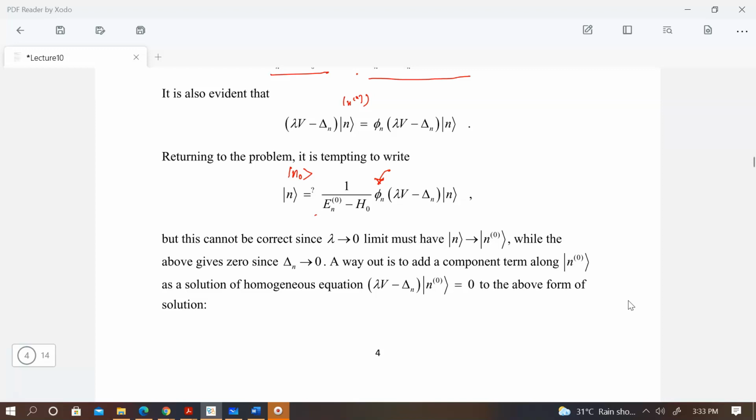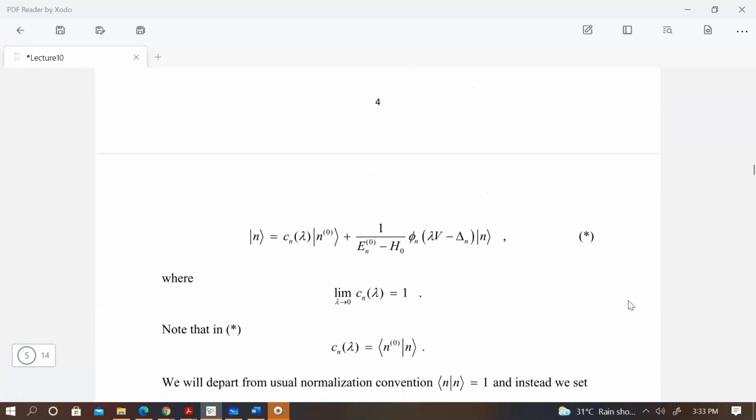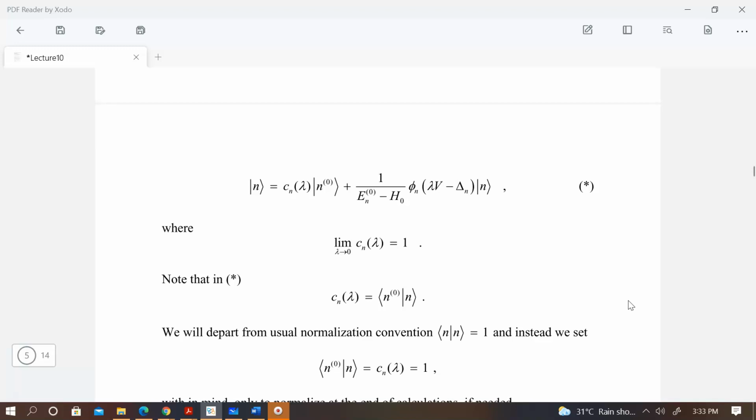So in other words, the right solution would be something like this. Here everything is perpendicular to n naught, and here you have something which is parallel to n naught, and that would work. And if lambda goes to 0, this part will go to 0.